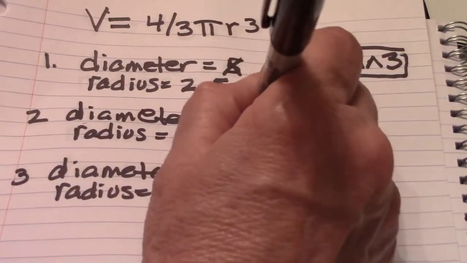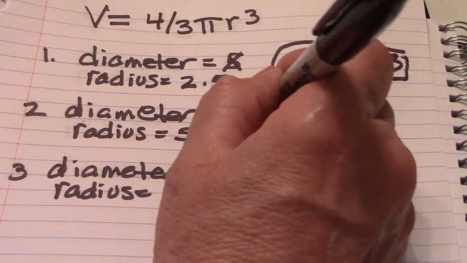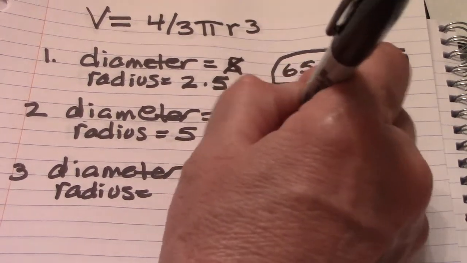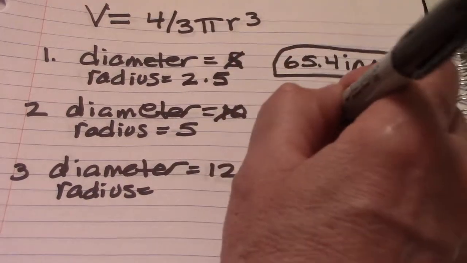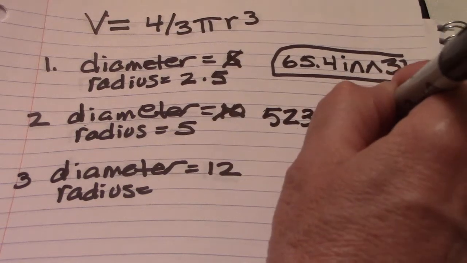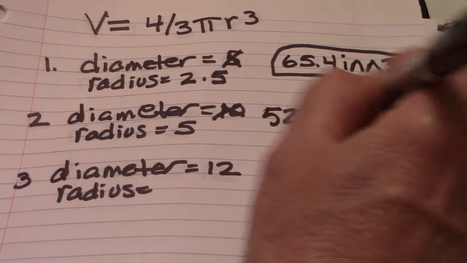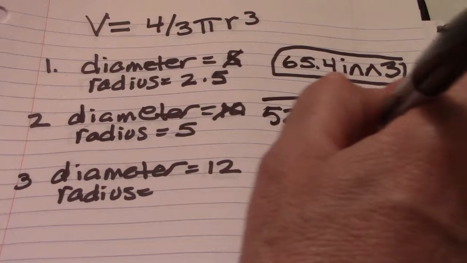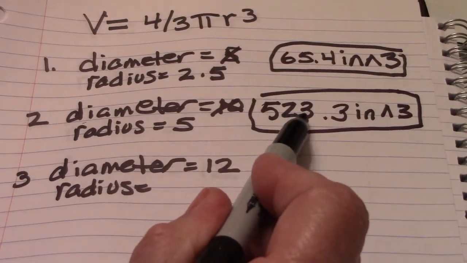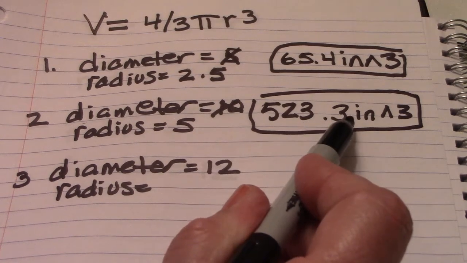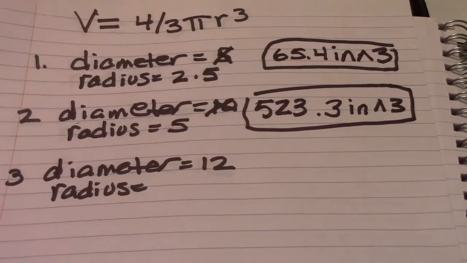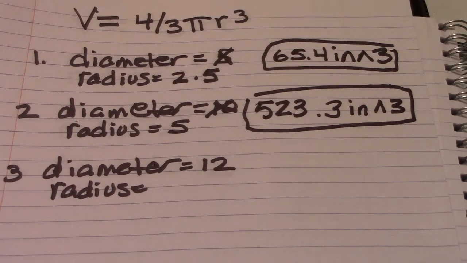And I get 523.3, because we're rounding to the tenths, IN up caret 3. That is how you type them in to Google Forms. 523.3 IN up caret 3. No spaces, no capitals. All right? Let's try one more.